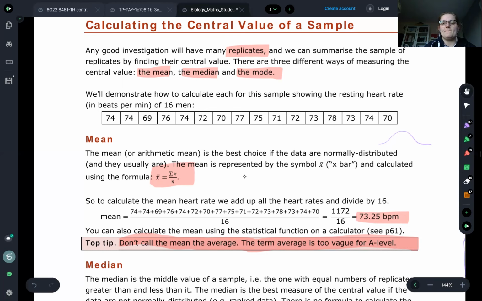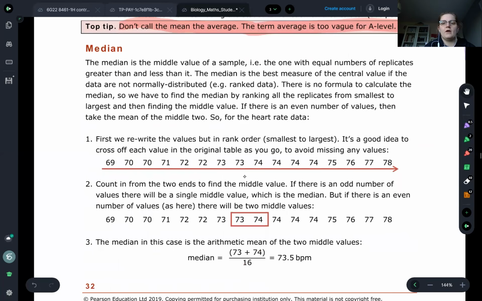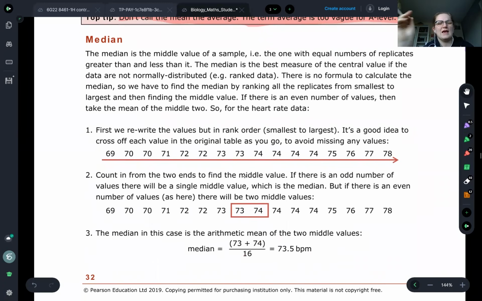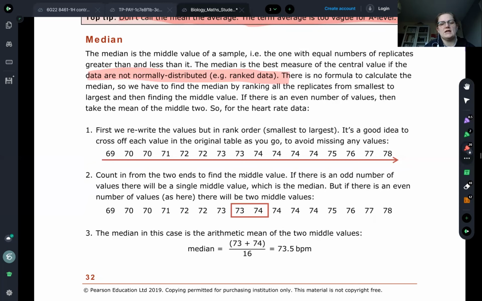Median, as you know, is the middle value of a sample. We only really want to use the median if our data is not normally distributed, so something like ranked data, smallest to largest.